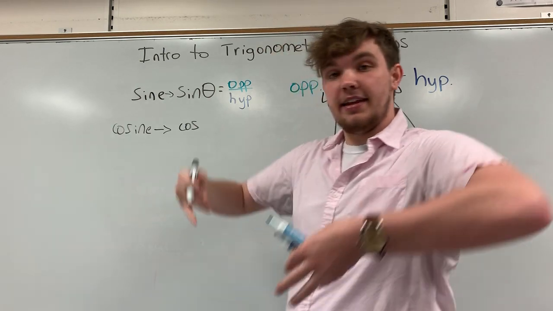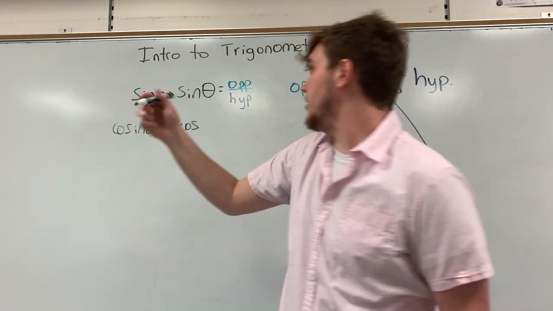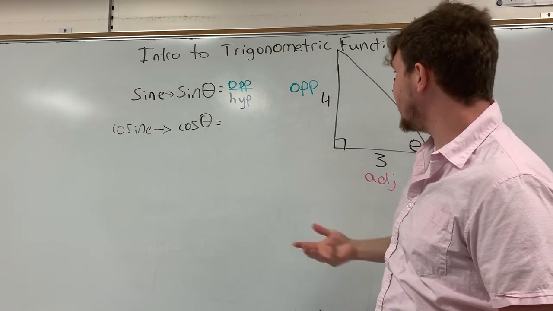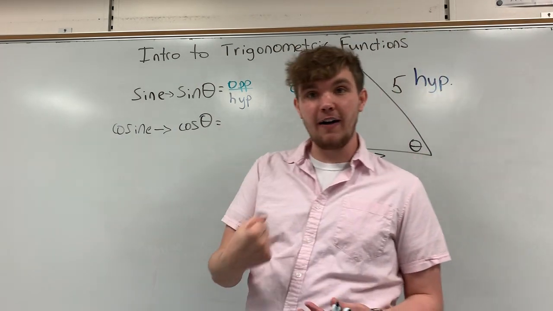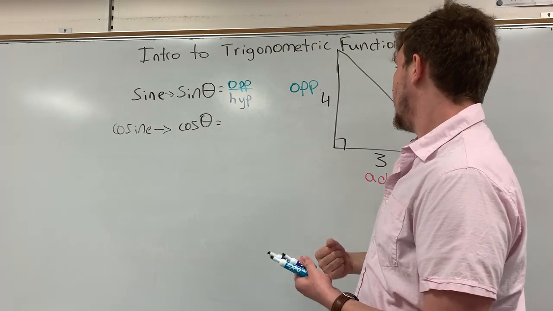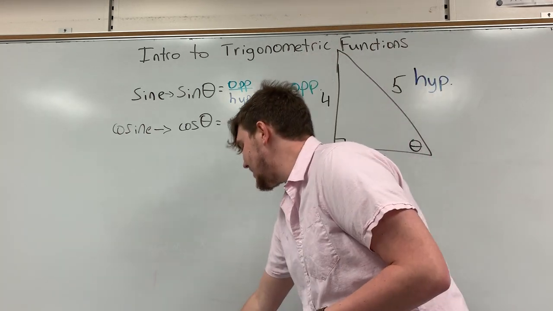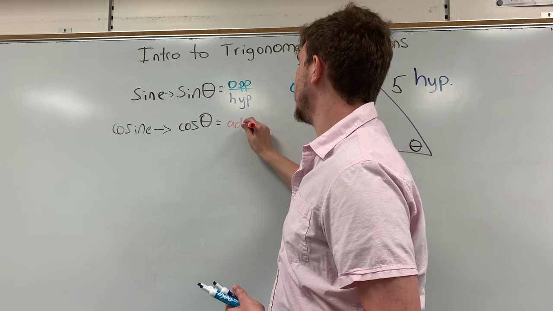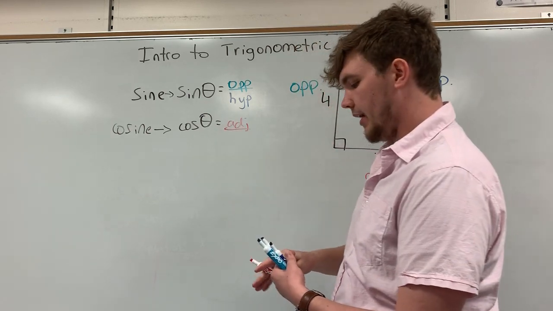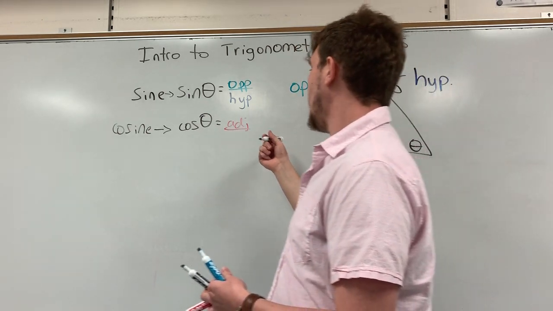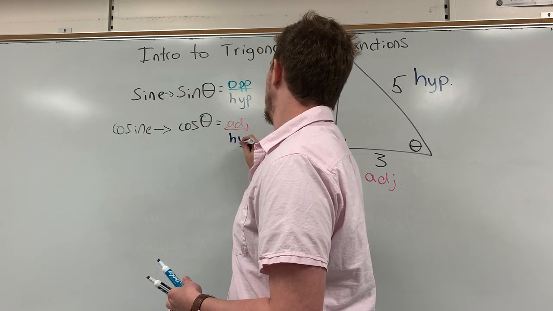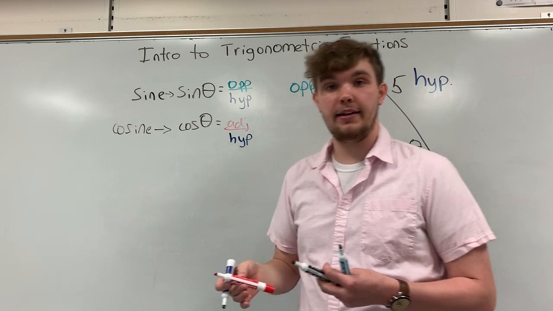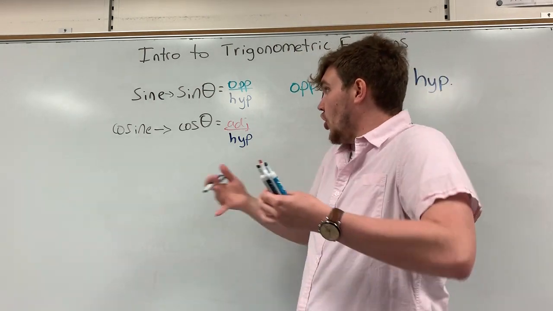So I'm going to take the cosine of theta, and the cosine is always defined as the adjacent side divided by the hypotenuse. It's always the adjacent side divided by the hypotenuse. That's always cosine.